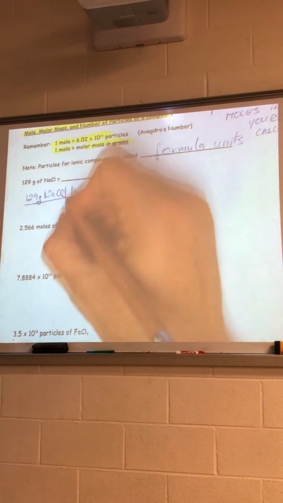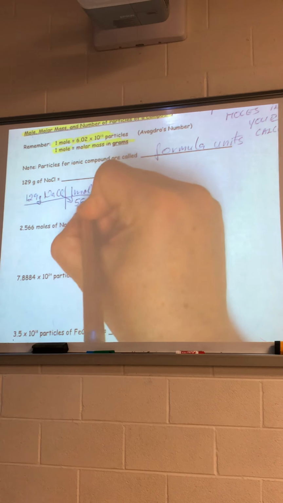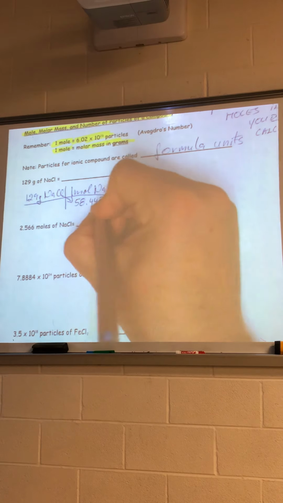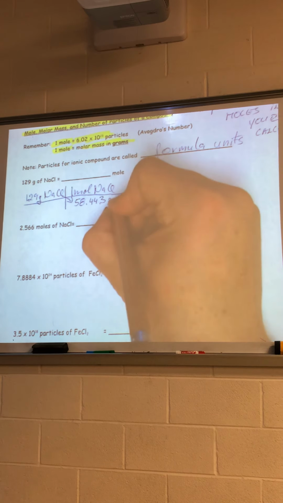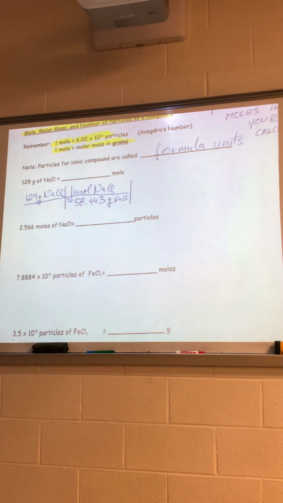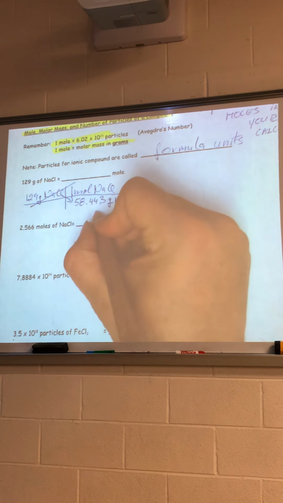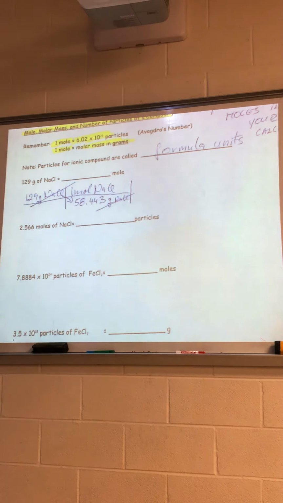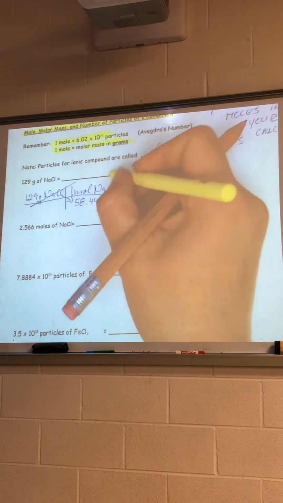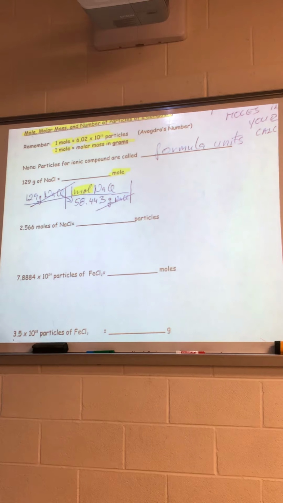So you put it down, 58.443 grams of NaCl. Close your bracket, and here we go. What can I cancel? Well, I have grams of sodium chloride and grams of sodium chloride. I know that I'm looking for moles, and here are my moles on top, so I'm in really good shape.